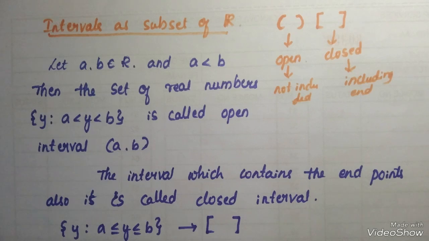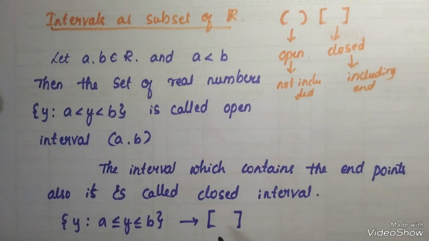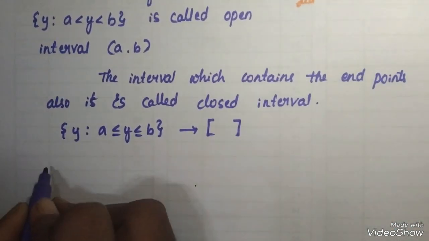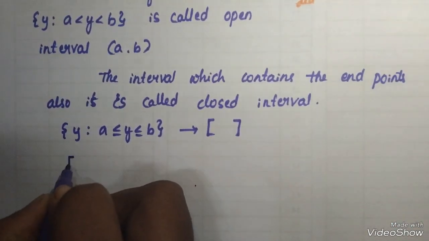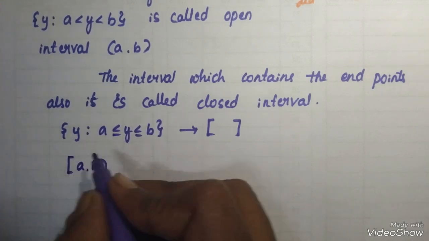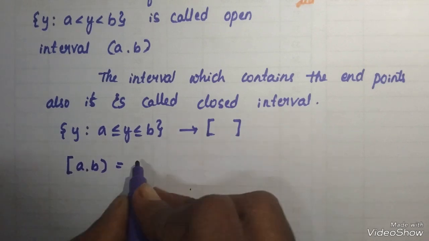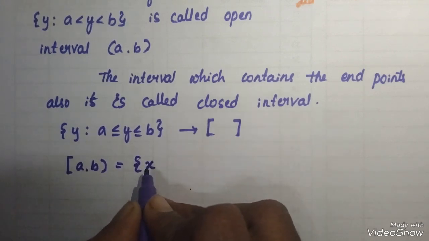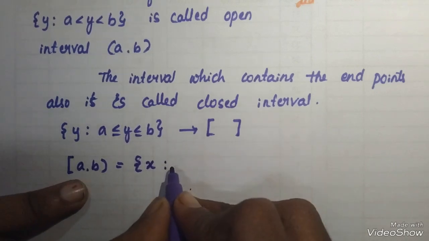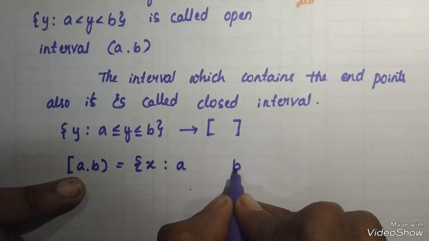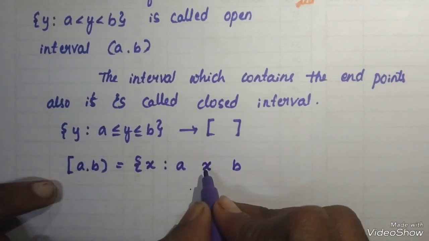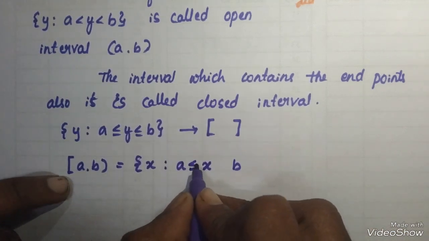Then sometimes we say semi open, semi closed. We can also have such intervals, for example A comma B. When a side is a closed interval, that side includes x. A closed interval represents less than or equal to.